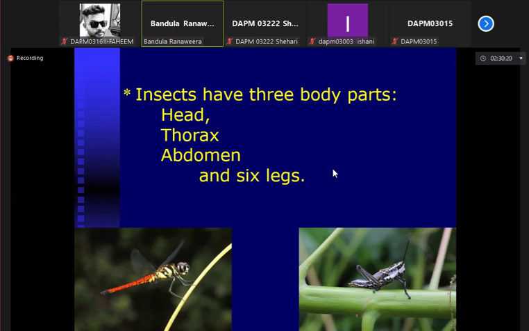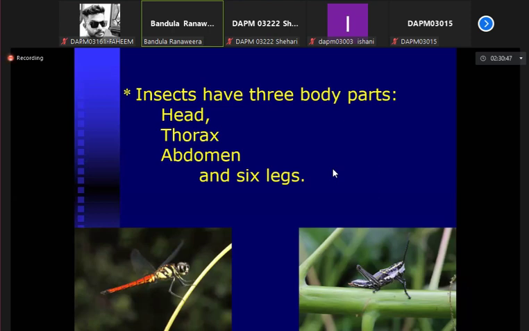In the insect life cycle, they have a phenomenon called metamorphosis. That is the changing of stages. For example, the butterfly lays eggs. The hatching one is the larva, and the larva is feeding on the plants, the caterpillar.